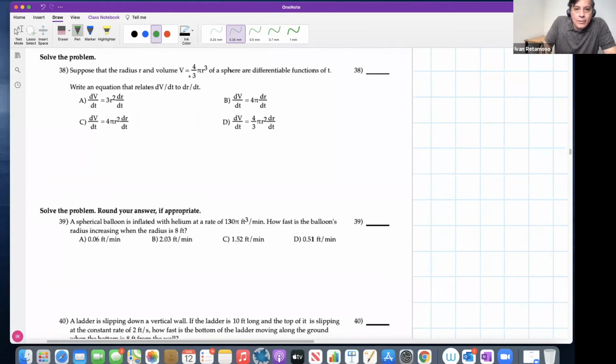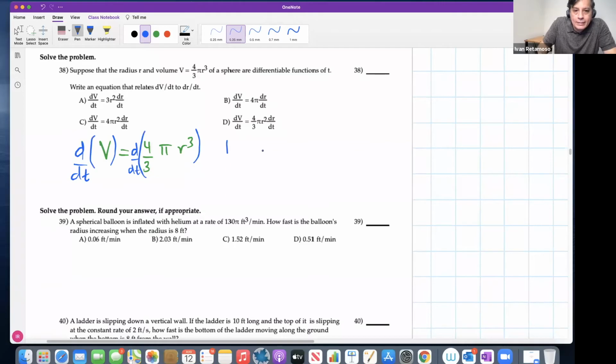They give you a volume depending on the radius of a sphere, and they say write an equation that relates the rates of change of these two variables, right? Volume and radius. For that, you take the derivative of both sides of the equation with respect to time. Always with respect to time for related rates, remember?